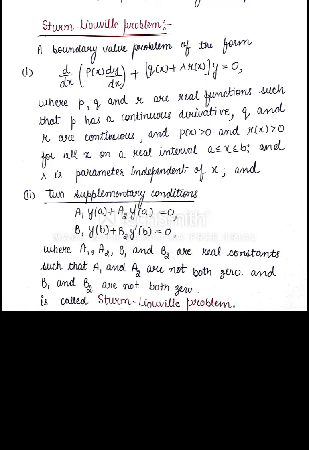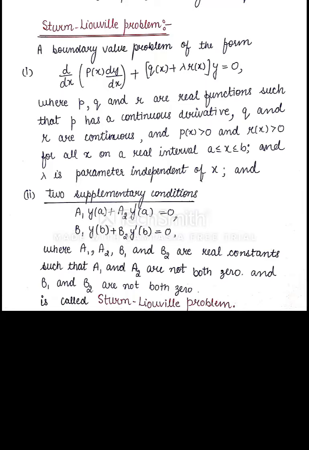That means if a1 is 0, then a2 should not be 0, and if a2 is 0, then a1 cannot be 0. That means at a time only one of these two, a1 or a2, could be 0. And similarly for the constants b1 and b2.